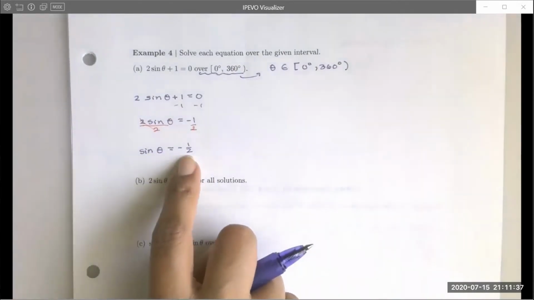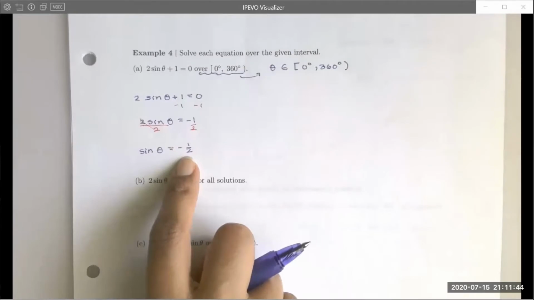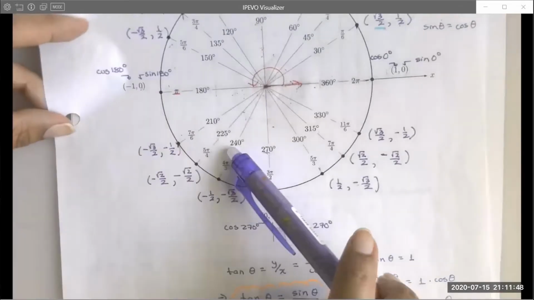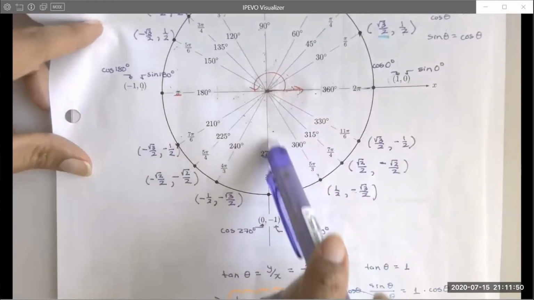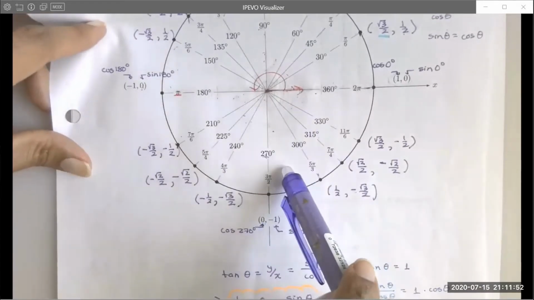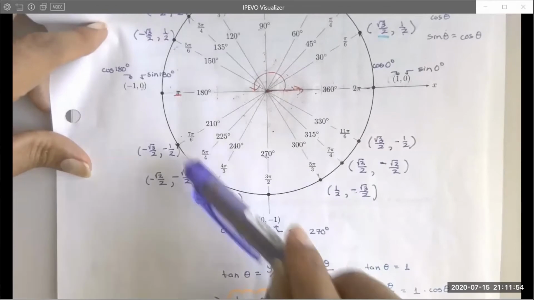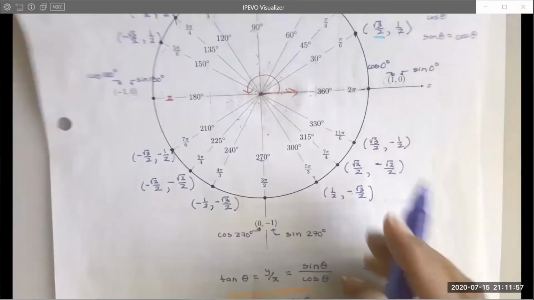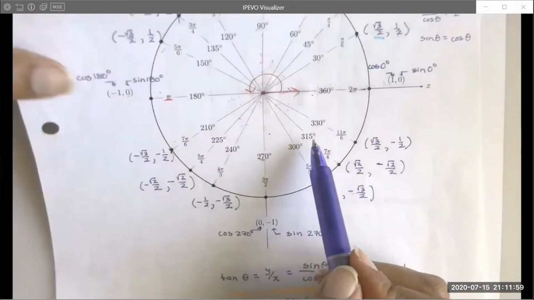Well, first of all, let's narrow down the quadrants. If sine is negative, that means that it has to be either in quadrant 3 or quadrant 4, because that's when we go down into the negative y direction. And sine is always the y coordinate of these points, right? So we're going to be focusing on quadrants 3 and 4.